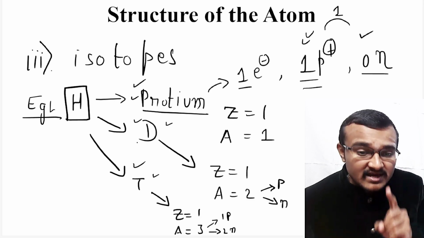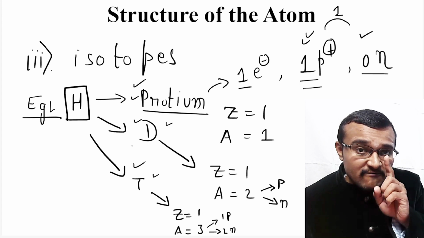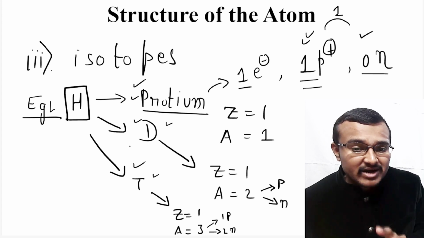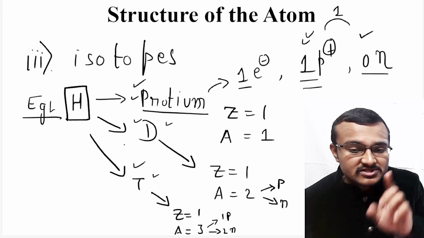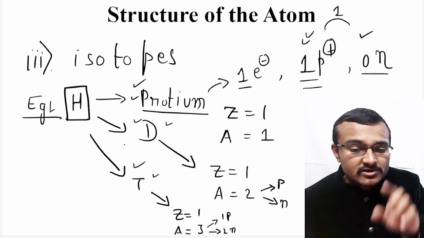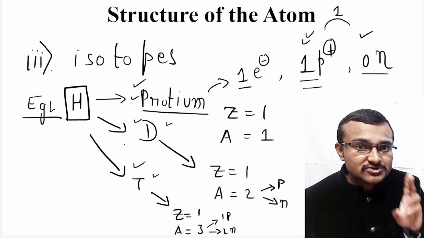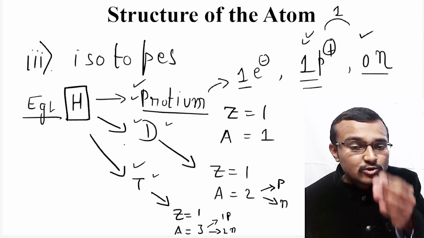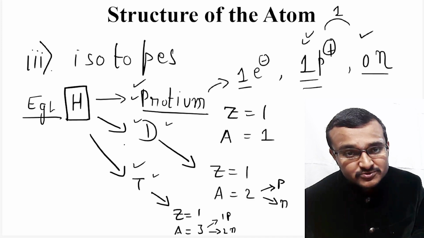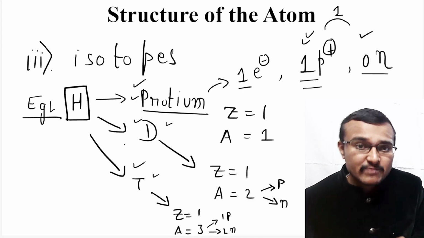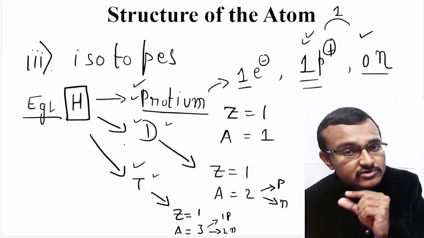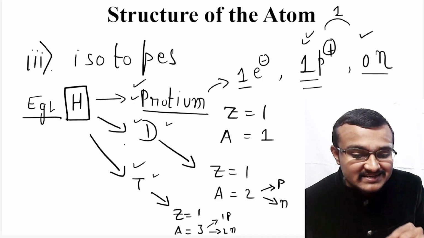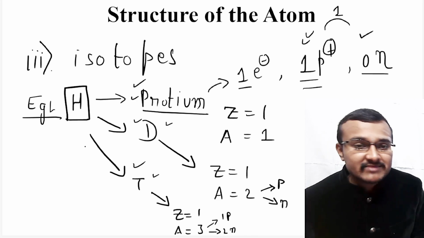That is, all of them have 1 electron and 1 proton. But protium has 0 neutrons, deuterium has 1 neutron, tritium has 2 neutrons. So the atomic mass number varies in these 3 isotopes. Protium has 1 as its atomic mass number, deuterium has 2, and tritium has 3.